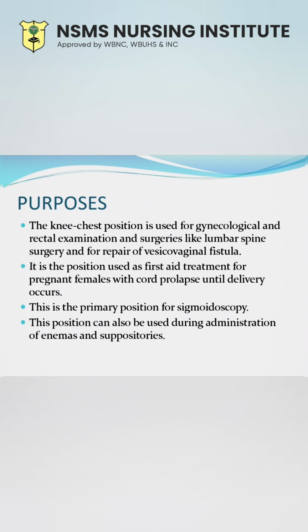It is the position used as first aid treatment for pregnant females when cord prolapse occurs during delivery. This positioning is the primary position for sigmoidoscopy. This positioning can also be used during administration of enemas and suppositories.